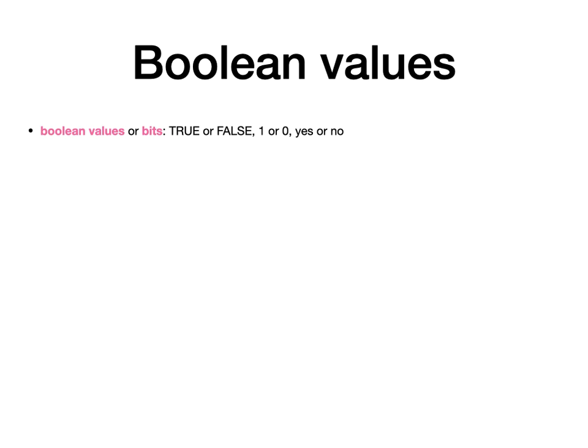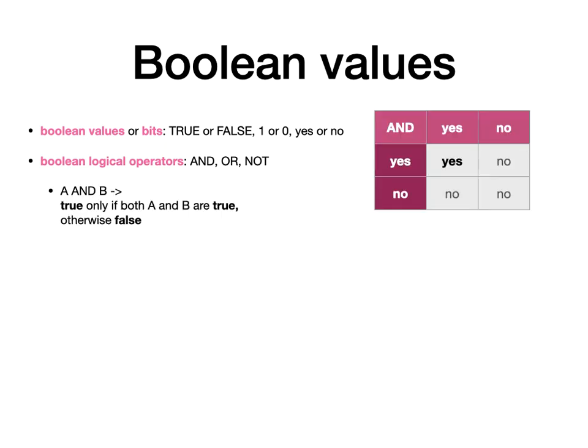The way we operate on Boolean values is using these Boolean logical operators: and, or, and not. These are the basic ones. There are others, of course, but these are the simple ones, and we're mostly going to focus on "and" here. So, "and" is true only if both A and B, the Boolean values, are true.